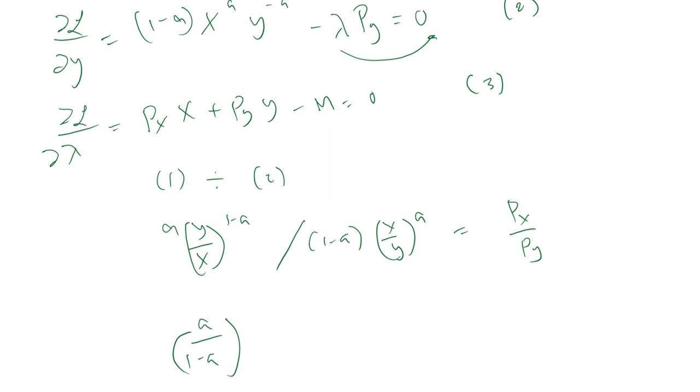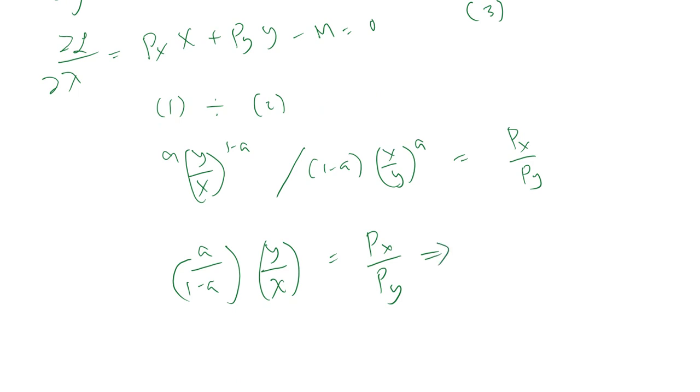Because you will have y raised to 1 minus a, so this is just y over x. Right, y over x equals px all over py. Now we solve for x or y.